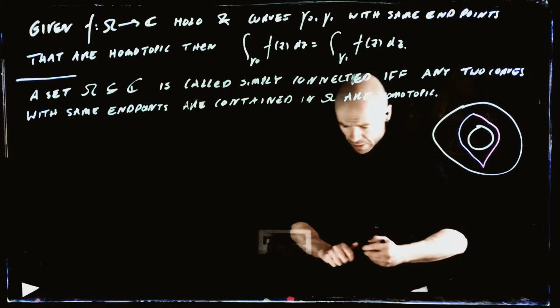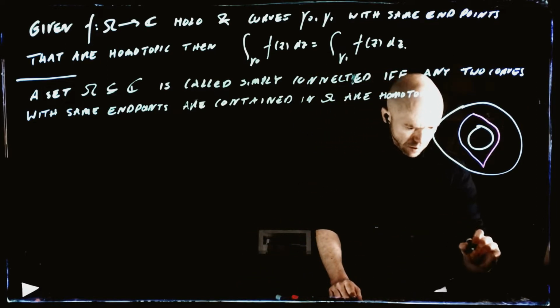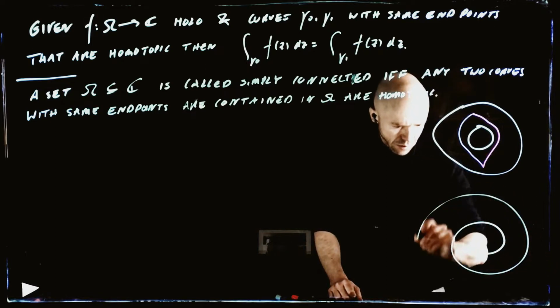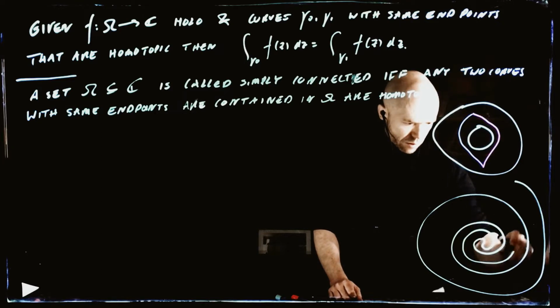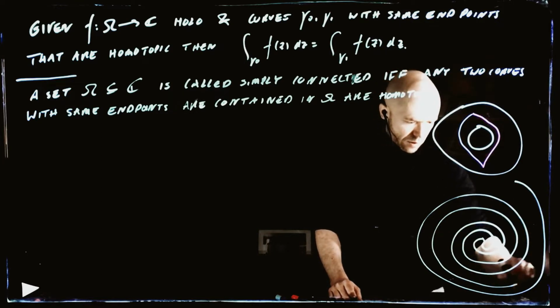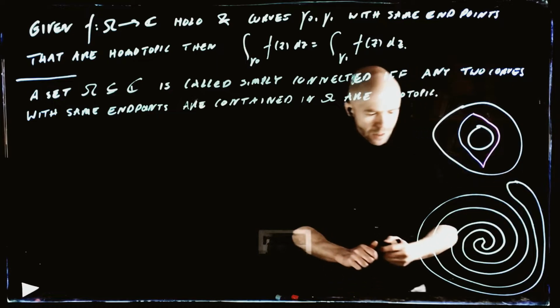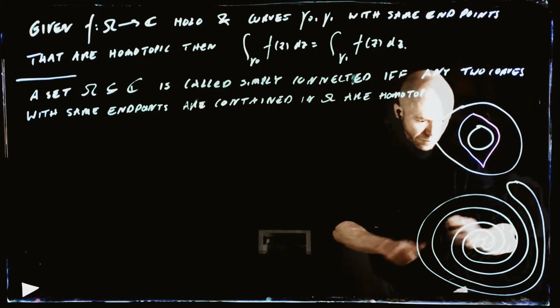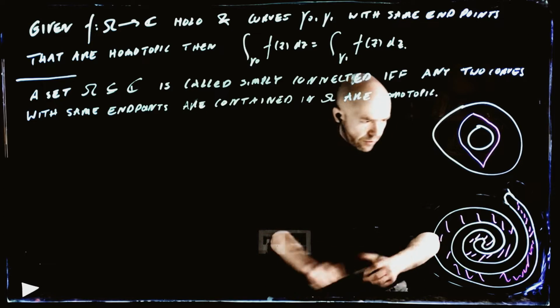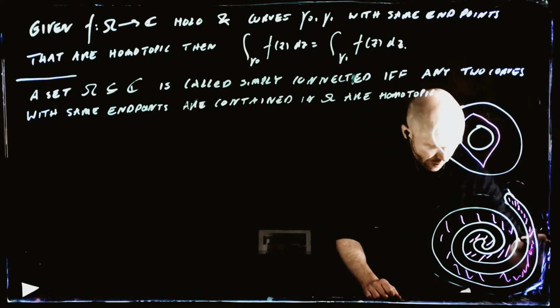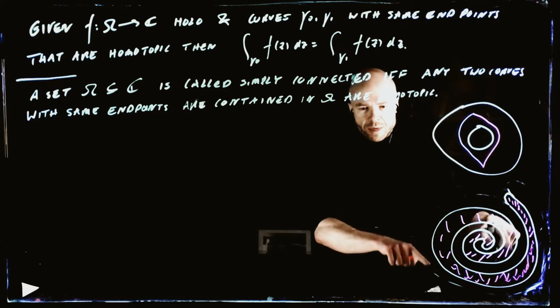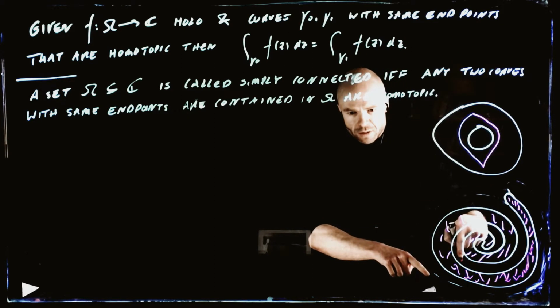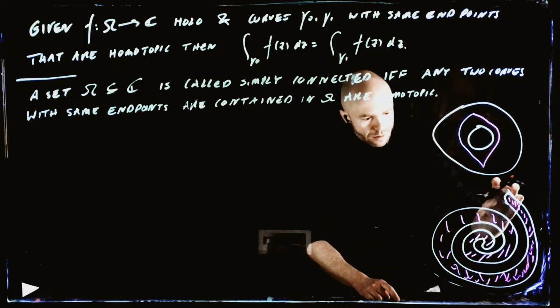So if you have a set like this, a simply connected set, because if we have any two curves inside this with the same endpoints, we can indeed smoothly deform one onto the other.